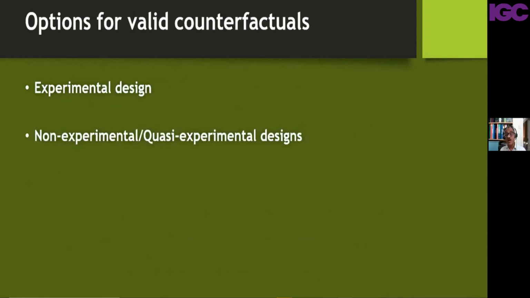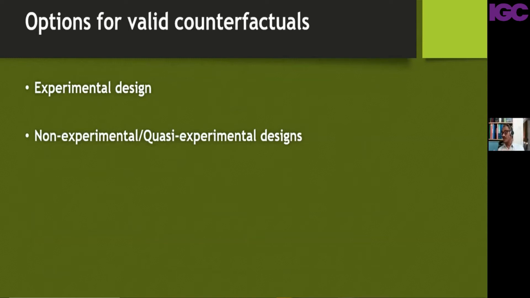Now, what are the options that you have for generating counterfactuals? And this is something you must have already come across in the context of the previous lectures. So one option for generating valid counterfactuals is what we call experimental design.